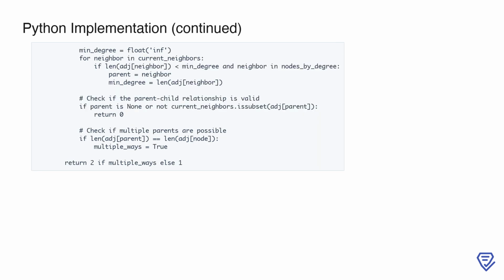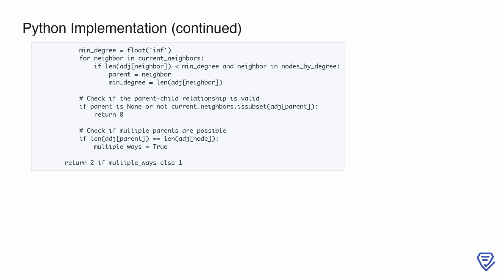Now, as we iterate through the nodes sorted by degree, we look for the parent of the current node. The parent is chosen as the neighbor with the smallest degree that is still valid, meaning it appears in the ordered node list. If no such parent exists or if the current node's neighbors are not a subset of the parent's, the tree structure is invalid, and we return 0.